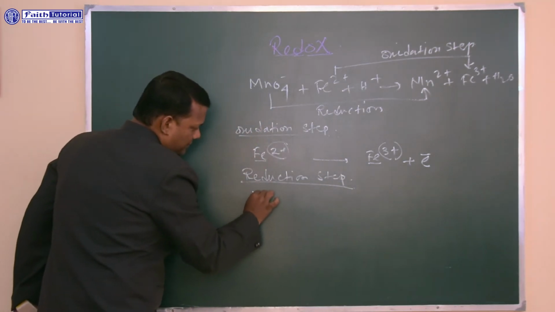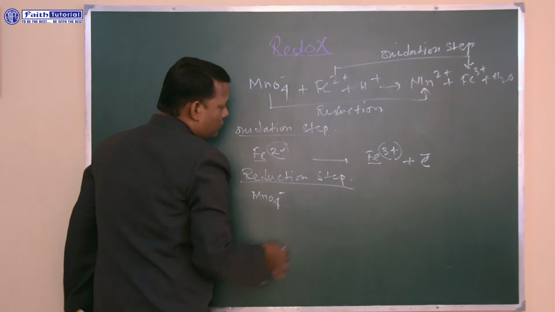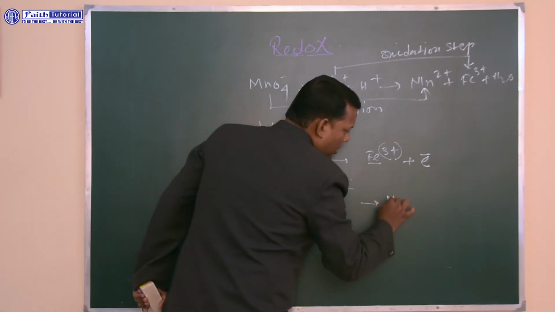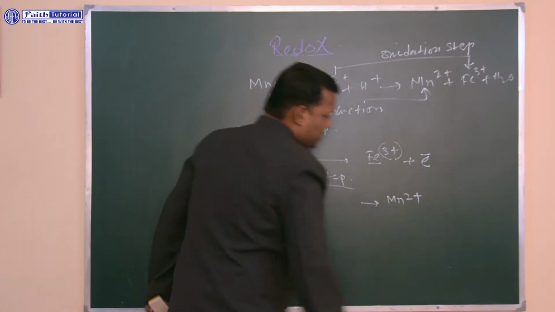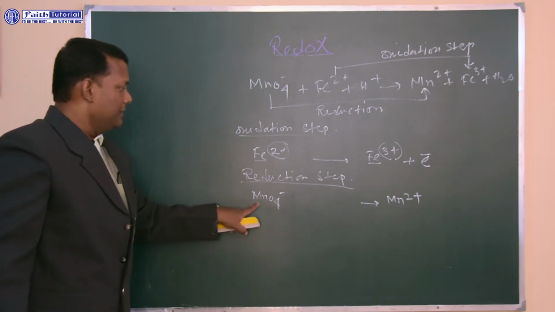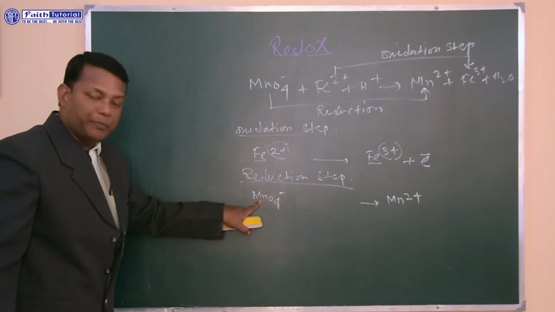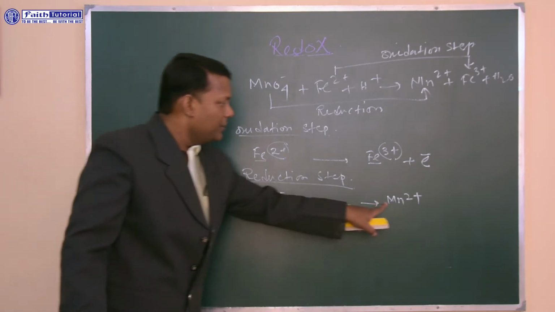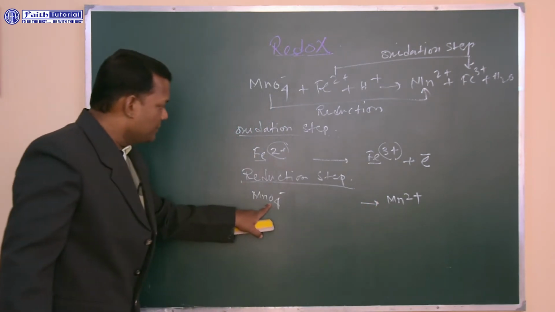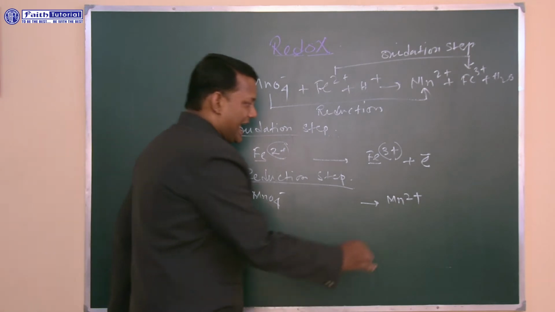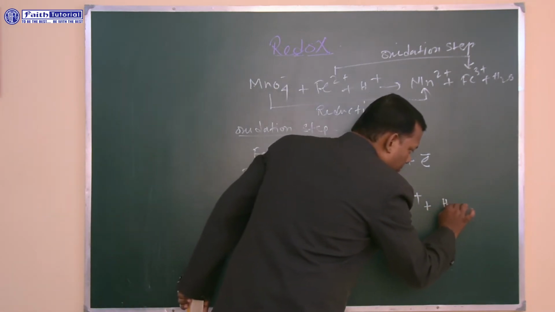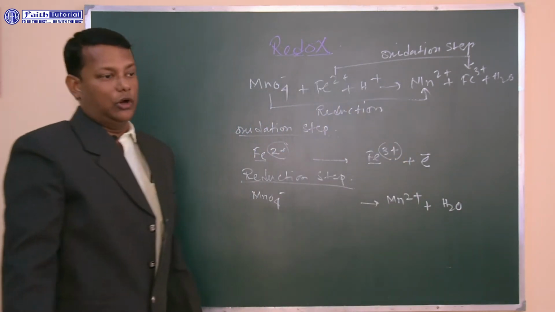Next, in the reduction step, you will have MnO4 minus to Mn2 plus. In this step, MnO4 minus is giving Mn2 plus. So the number of manganese is 1 on each side. Now we have to balance oxygen by adding water to the opposite side of the oxygen.